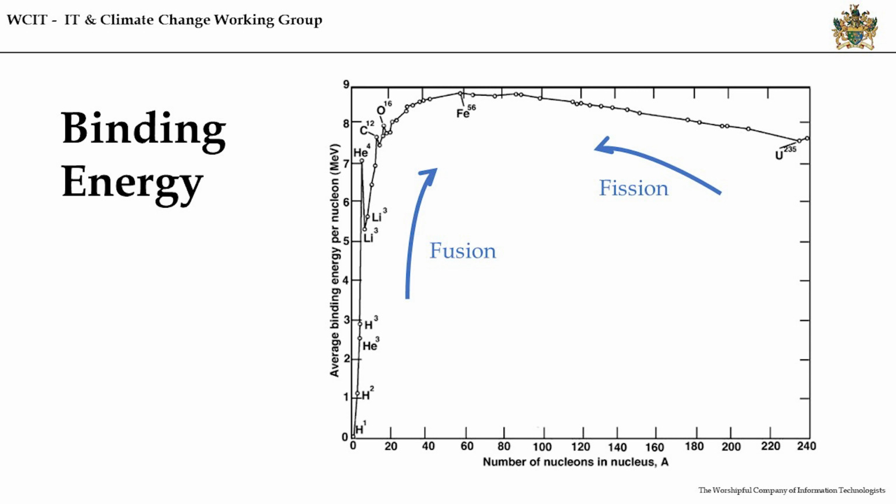Every single element on the periodic table has a nucleus, and that nucleus is a different mass. If you line them up along the bottom here, you go from the very lightest of elements, which is hydrogen, up to the heaviest naturally occurring element in the world, uranium. And that's what we use for our nuclear fission fuel.